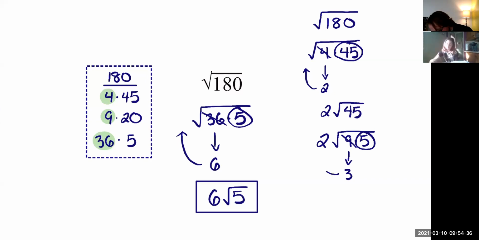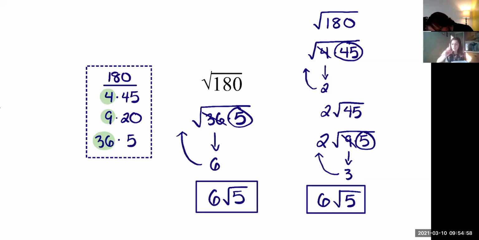Well, this is a little uncomfortable because now I'm trying to bring a 3 out and there was a 2 already there. Guess what they're going to do with each other? Multiply. 3 and 2 will make 6. And what we're left with inside is the 5. Does that look familiar?